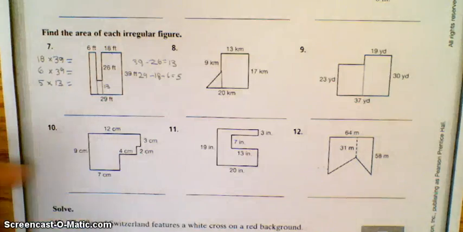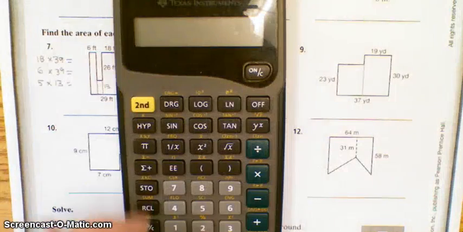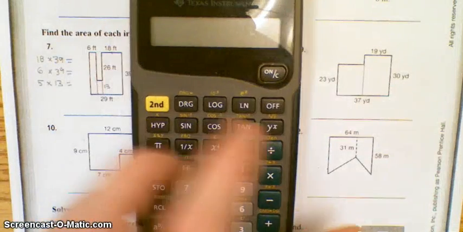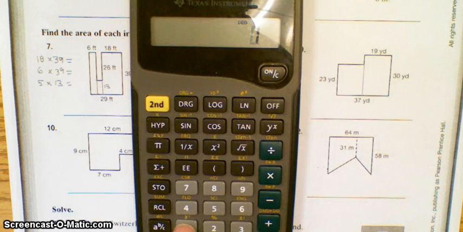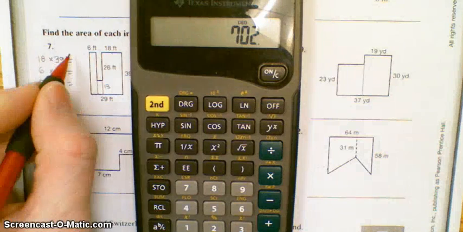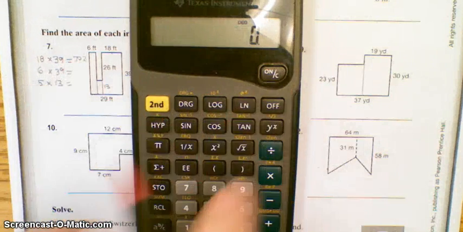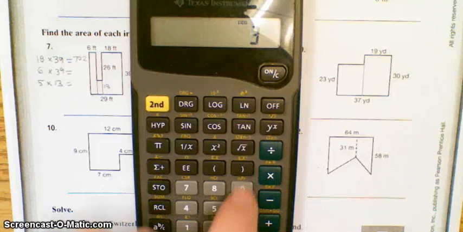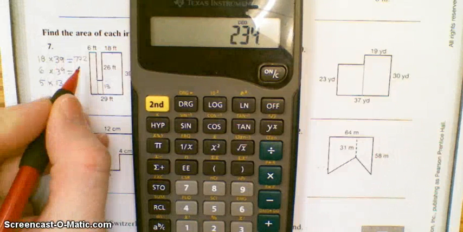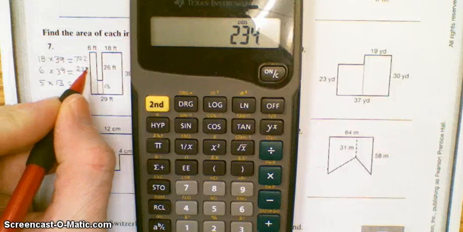And if we add up all those quickly, we're going to go ahead and go 18 times 39. So that's going to be 702. Then we've got 6 times 39. It's going to be 234.